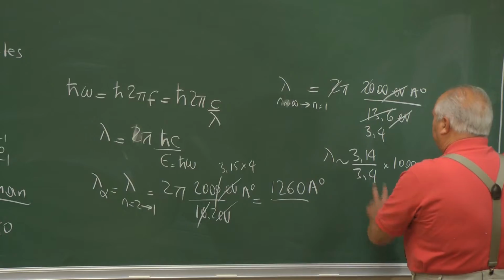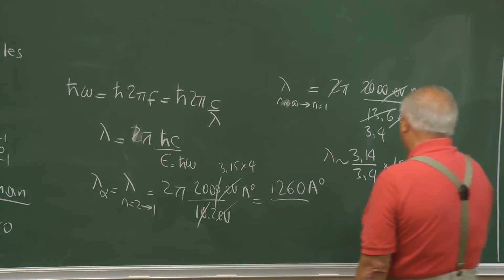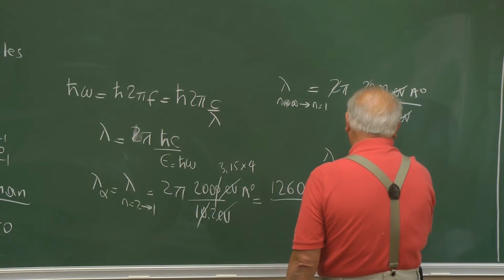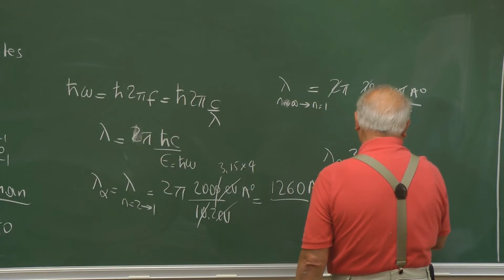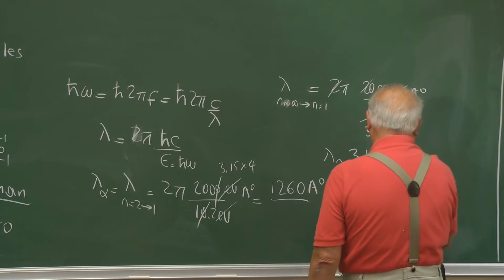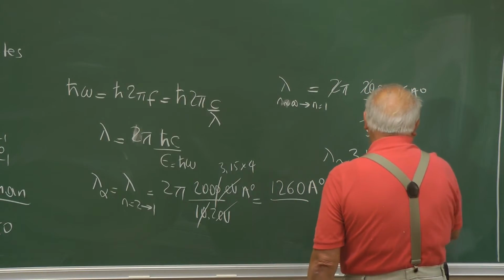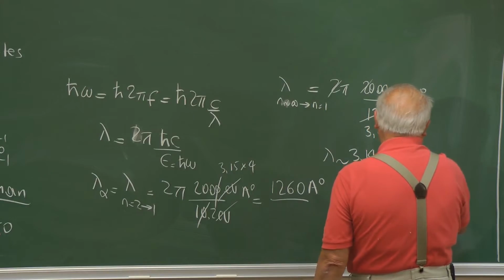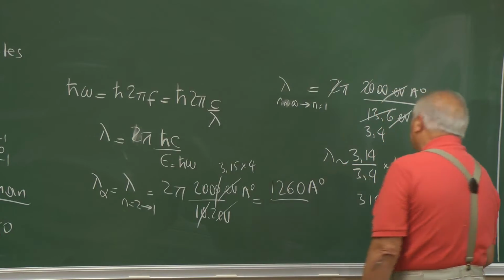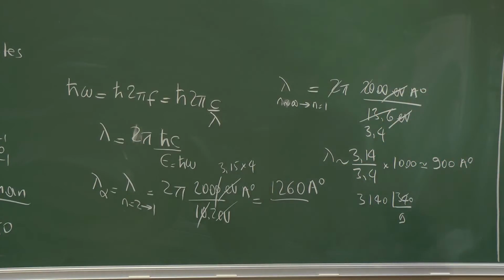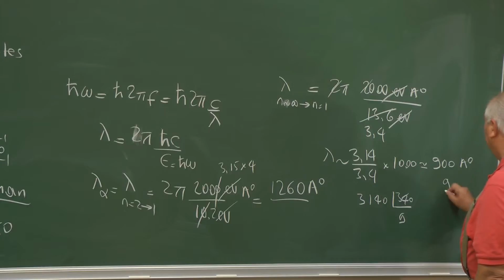So this is less than 1, and so let's divide. So it is above 900 angstroms. If you make an exact calculation, it is something like 911 angstroms.